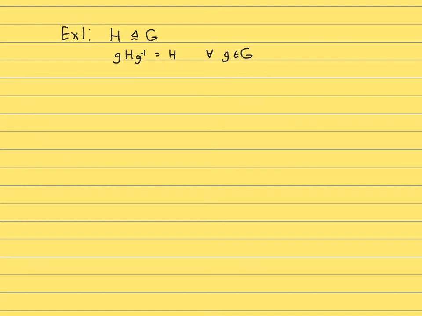In particular, fix your favorite G. Then what do we have here? We have a function called conjugation. And every time you conjugate by G, you end up with another element in H because of this equality. In particular, conjugation lands back in H.